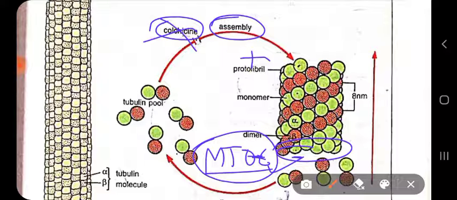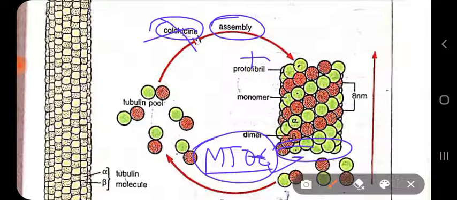Actually, the microtubule organizing center, or MTOC, protects the minus end of the microtubule from disassembly. When the MTOC is not present, slowly the microtubules get disassociated, by disassembly of the tubulin dimers from the protofilaments.